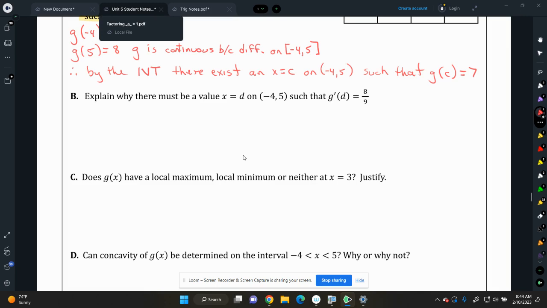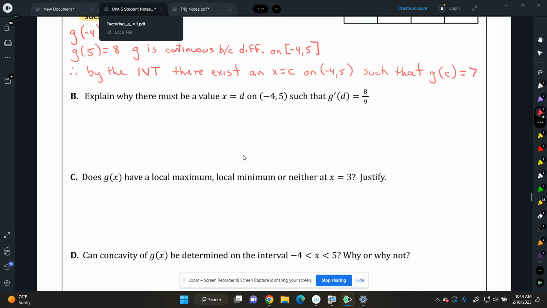Therefore, by the mean value theorem, there must be a value x equals d on (-4, 5) such that g prime of d equals 8/9. Okay. Recognizing which theorem, that's the hard part.